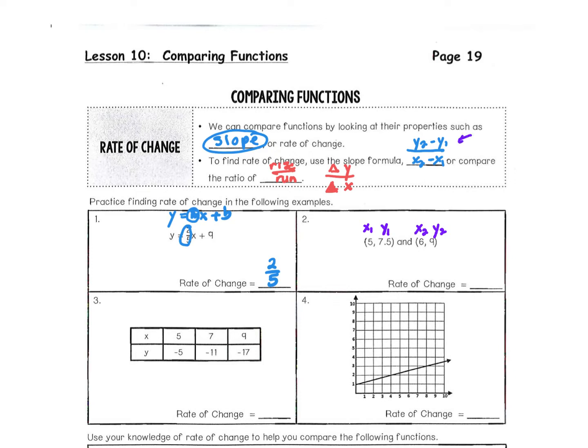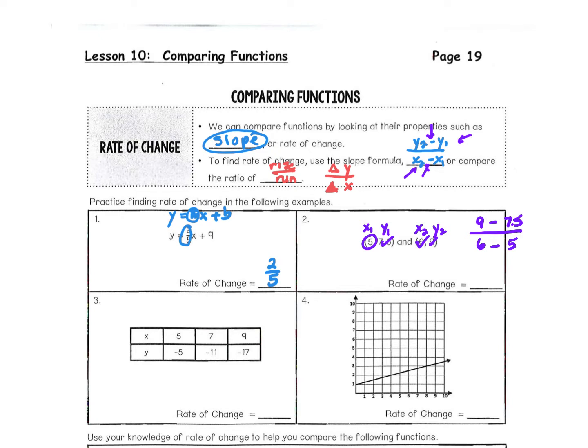So according to this formula, we start with the y's. Our second y number is 9. Our first y number is 7 5/10. So I'm going to take away, because that's what the formula says, 7 5/10. So we have this and we have this. Now we're going to go to the x's. x2, we start with 6, and according to the formula we subtract, and we're going to subtract 5.